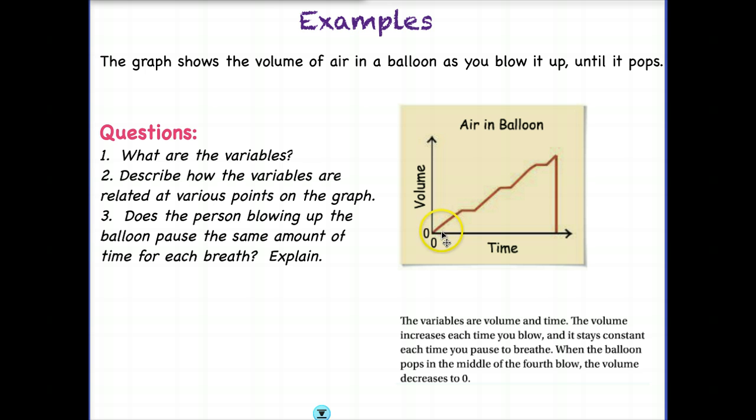So, if you think about this graph, starting at the beginning, the person is blowing at a constant rate, pauses, takes a breath here, our volume is not increasing, and then blows again, pauses to take another breath, blows again, pauses for a third time, and then as this person is blowing, what happens to the balloon?